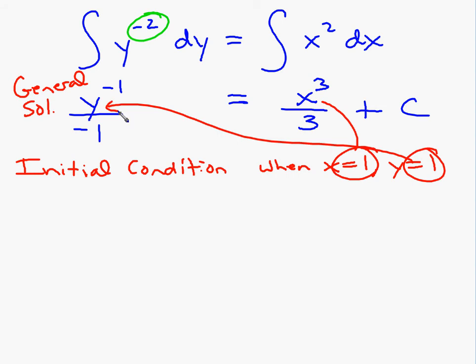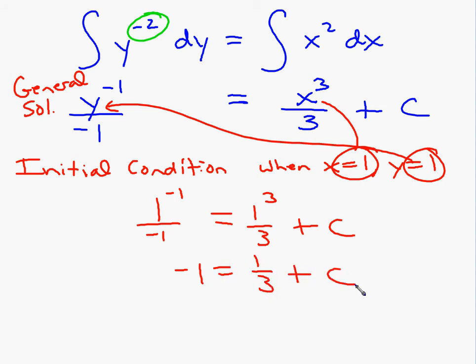So let's do that. So on the left side, I'm going to have 1 to the negative 1 over negative 1 equals 1 cubed over 3 plus c. All right. Well, the left side is just going to be negative 1, isn't it? So this is going to be negative 1 equals 1/3 plus c.